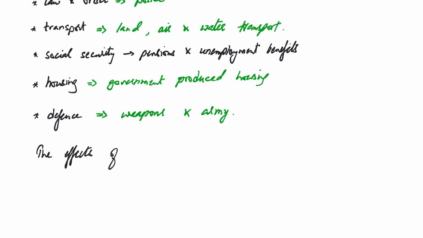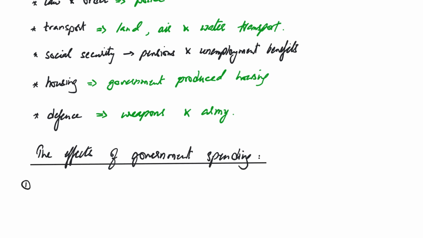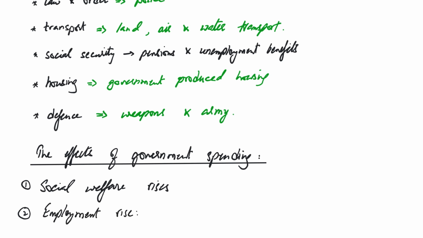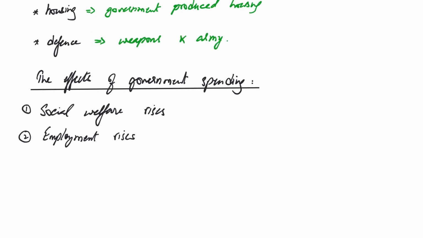The effects of government spending. All right, so the effects are: social welfare rises, employment rises, economic growth rises, more output is being produced basically.